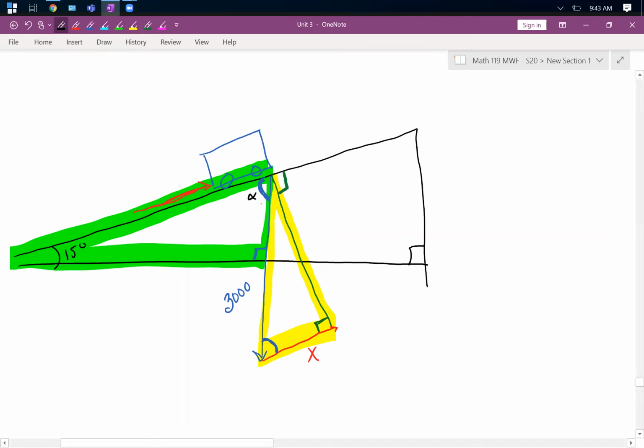This angle, I guess I should have named it alpha, is the same for both of them. So since two of the angles inside the two triangles have the same measure, that forces the third one to also have the same measure. So that means that this right here is 15 degrees.